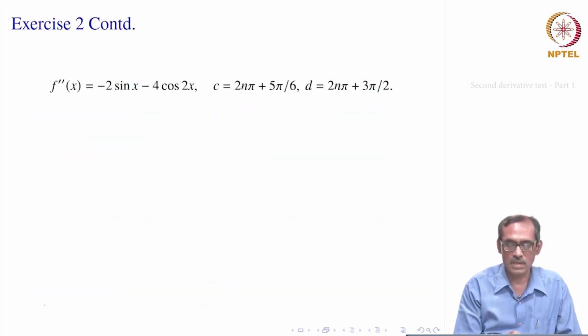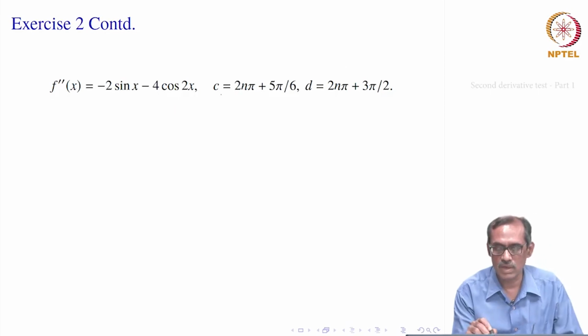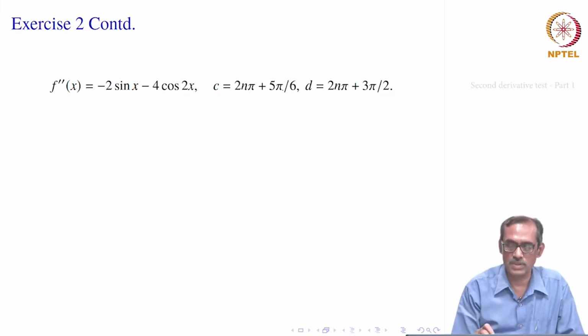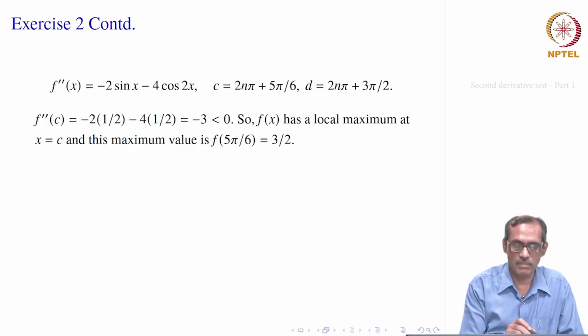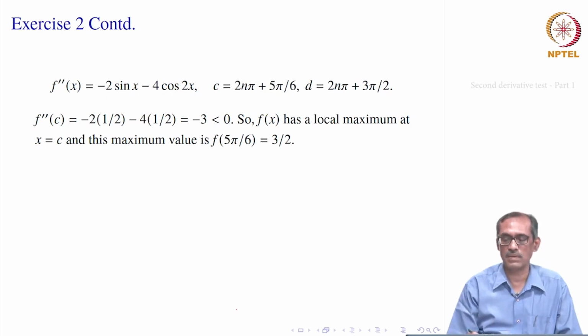And what about C? C is 2nπ + 5π/6. So, we evaluate f double prime at C, it is essentially 5π/6, that gives a half, and this gives a half. So, minus 3, which is less than 0.